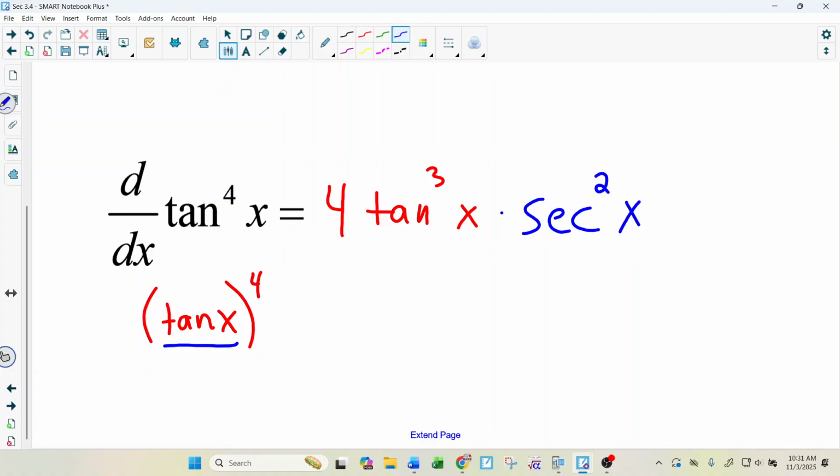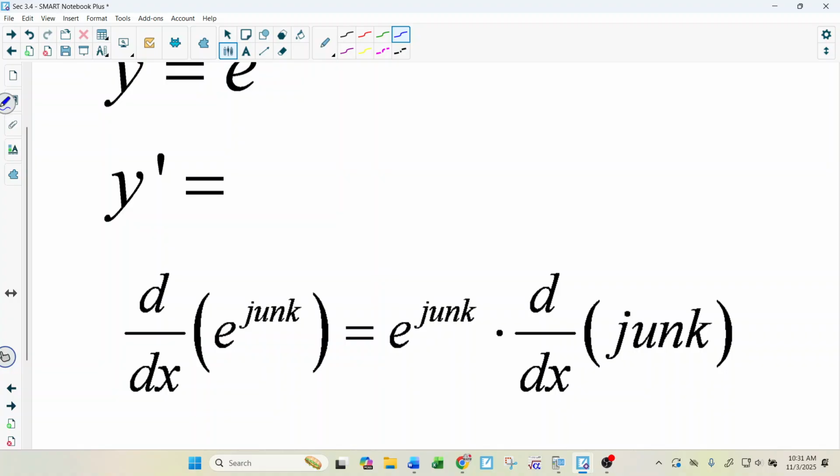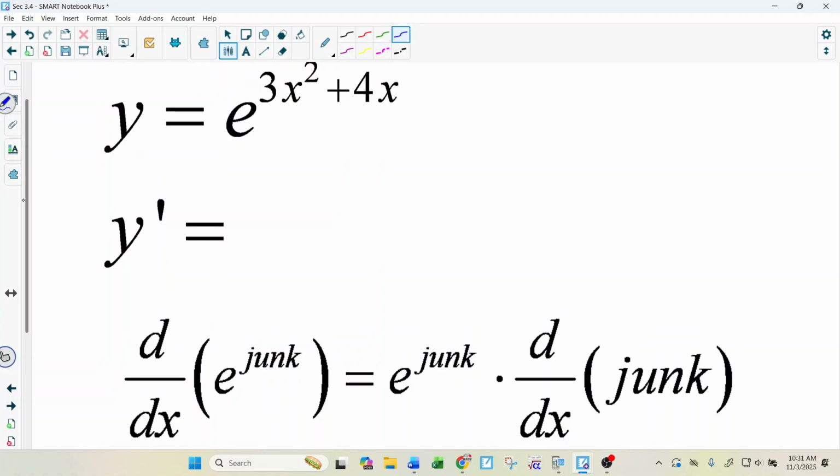Let's consider e. The derivative of e to the x, as we know, is just e to the x. So the term I use is that the derivative of e to the junk is just e to the junk times the derivative of the junk. So what is the derivative of e to the 3x squared plus 4x?